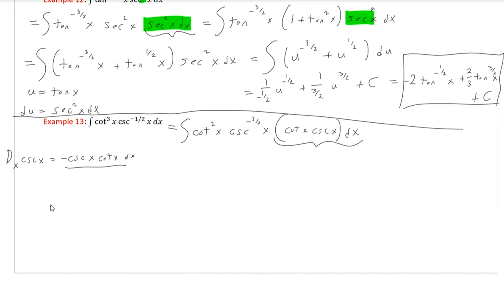Now what I can do is replace cotangent squared x with a Pythagorean identity and say the integral of cotangent squared x, which I can replace with cosecant squared x minus 1, times cosecant to 3/2 x times this saved piece.